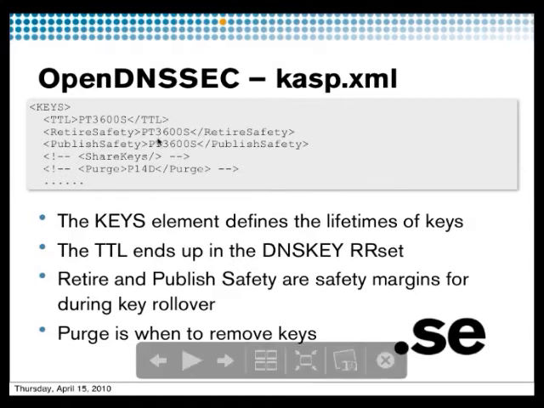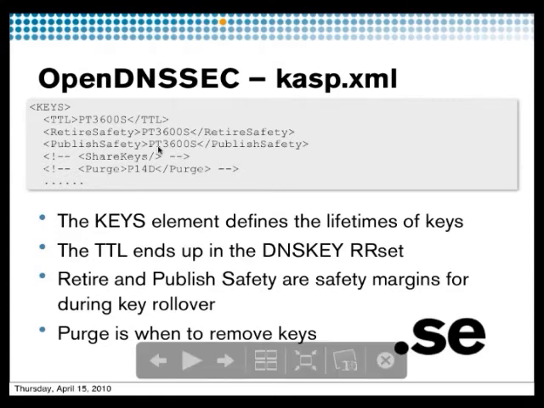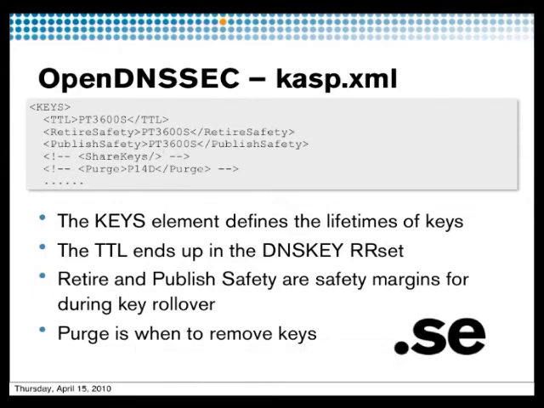But to be safe, you can add some safety margins on top of this. So, for instance, in this case, we keep the key 1 hour extra just to be safe. And also we pre-publish the key 1 extra hour to be safe, so we don't just sit on the margins of when it's safe to roll the keys. So we should always extend it a little bit more than the optimal value of doing key rollovers.